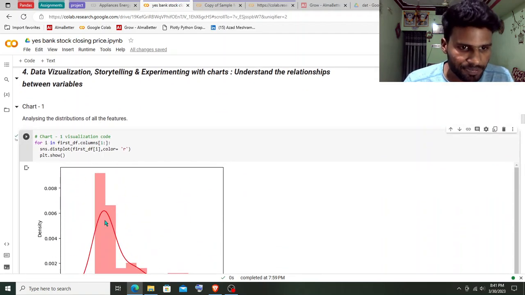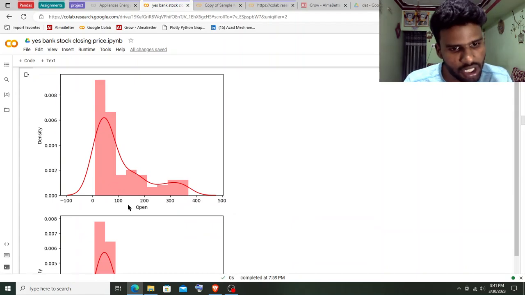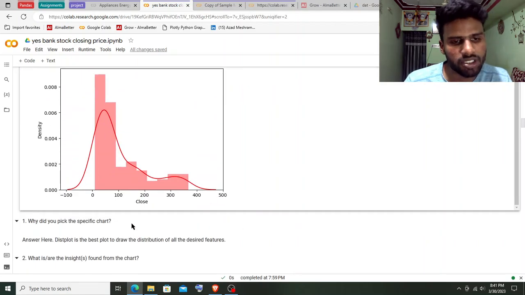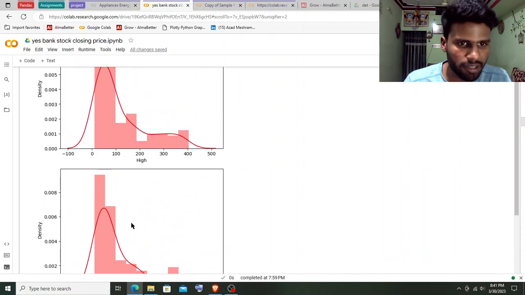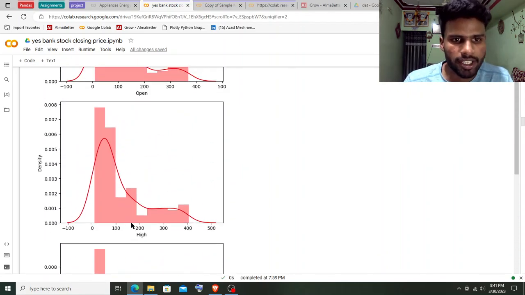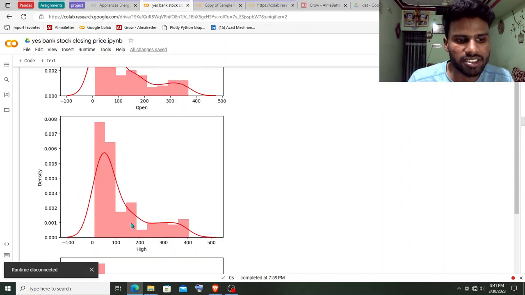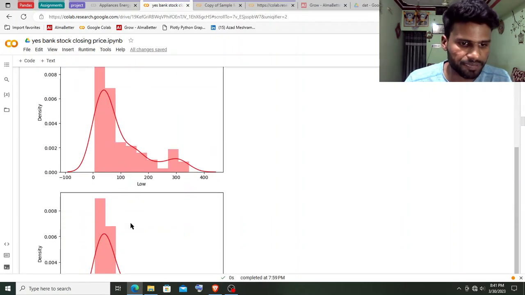So basically here I have plotted a distribution plot for every feature: open, high, low and close. By observing this distribution plot we could see that the distribution is maintained and is similar in all the features.